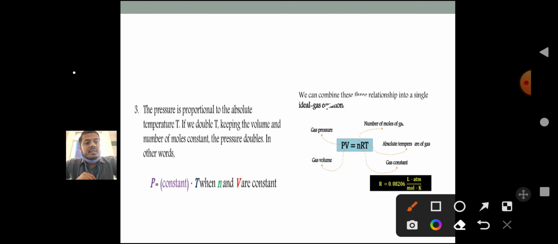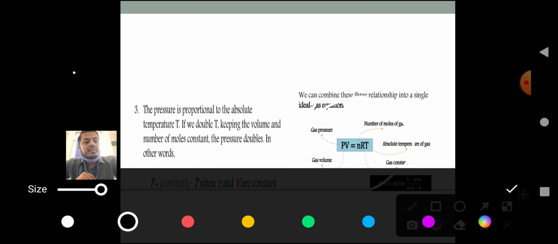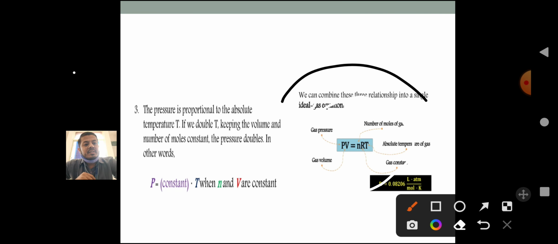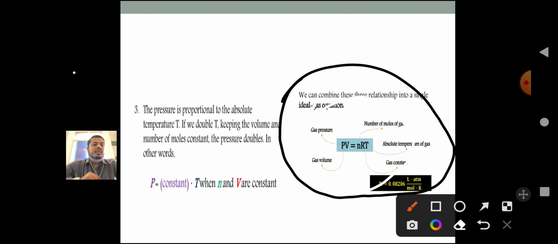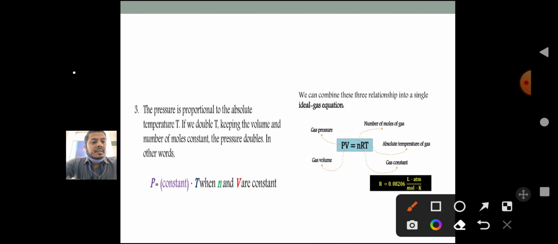You can see this equation, PV is equal to nRT, where P is the gas pressure, V is the gas volume, n is the number of moles of gas, R is the gas constant, whose value is also given to you, 0.08 liter atmosphere per mole Kelvin, and T is the absolute temperature.